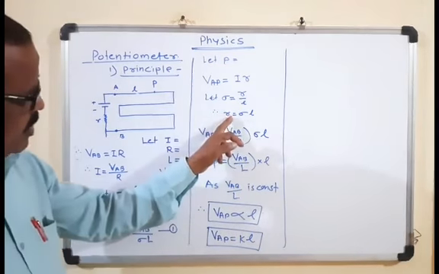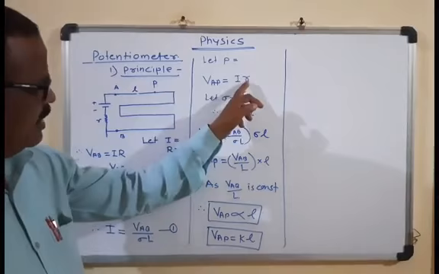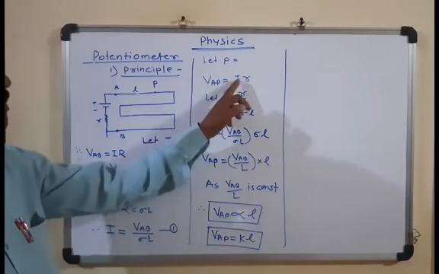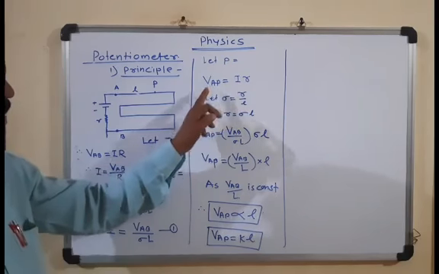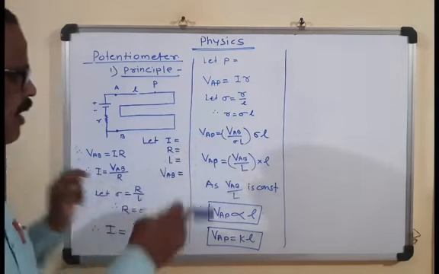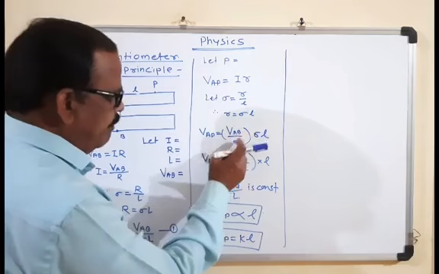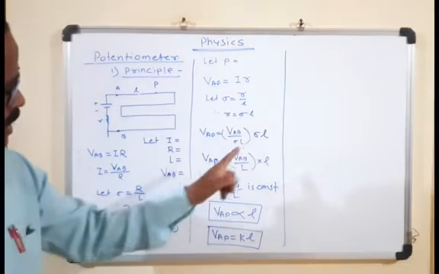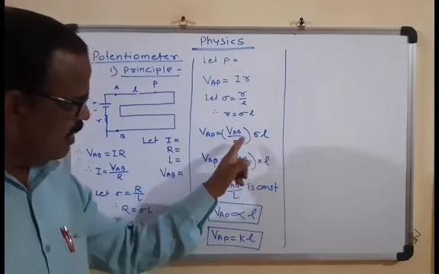Substitute this value of R and the value of I equal to VAB divided by sigma L in this equation. Therefore, VAP is equal to VAB divided by sigma L, into sigma l. Here, sigma gets cancelled.